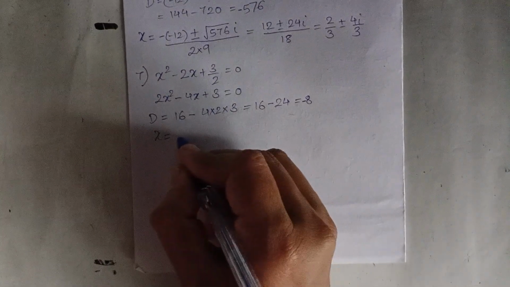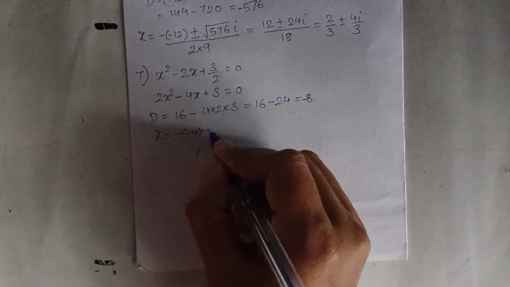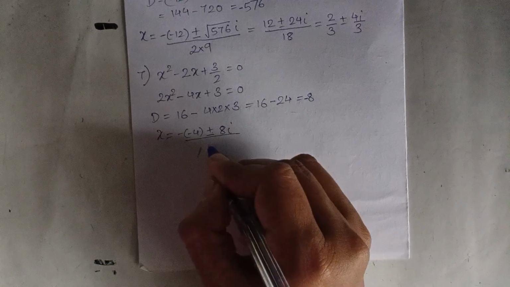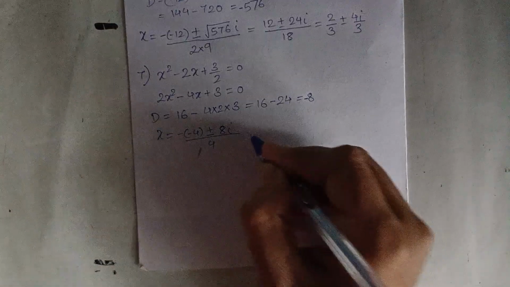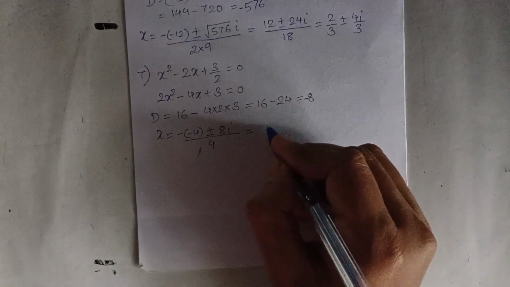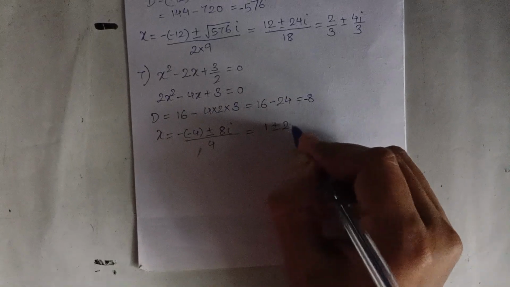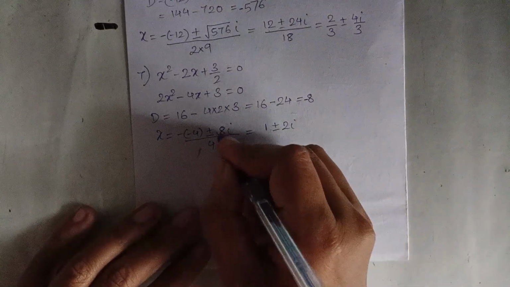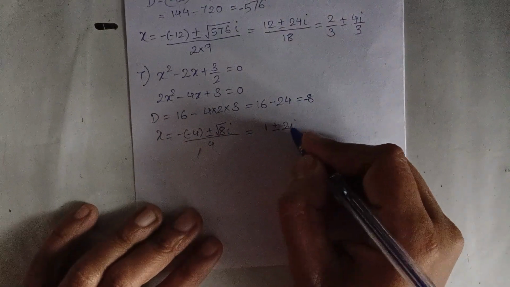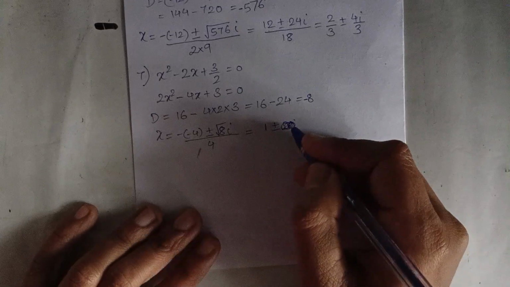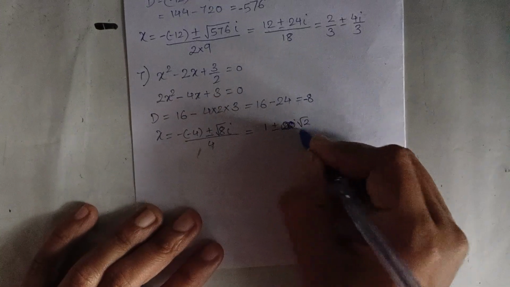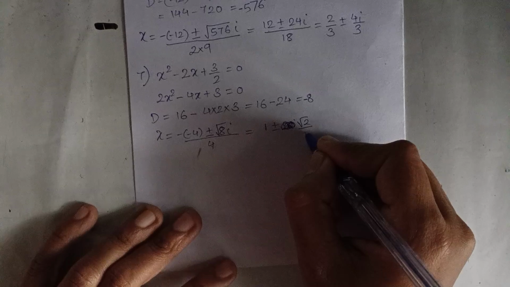So x is minus b plus or minus root of minus 8, that is 8i, upon 2a. So 4 to the 1 plus or minus 2i. No, here this is root of 8, so this will be 2 into 2 root 2 upon 2i.